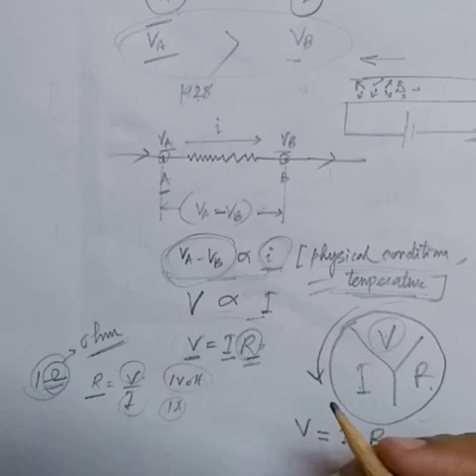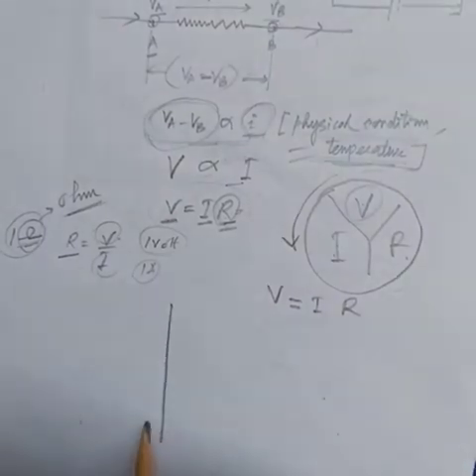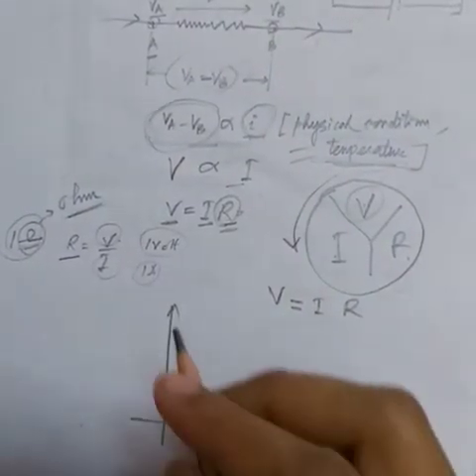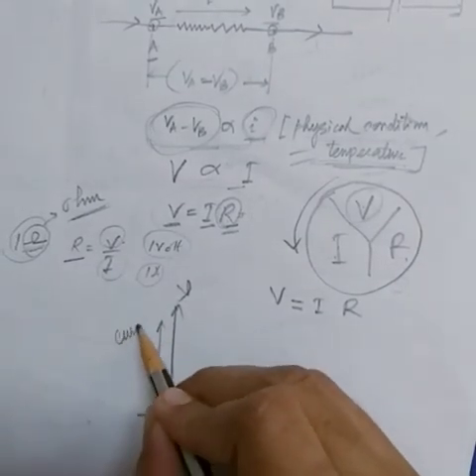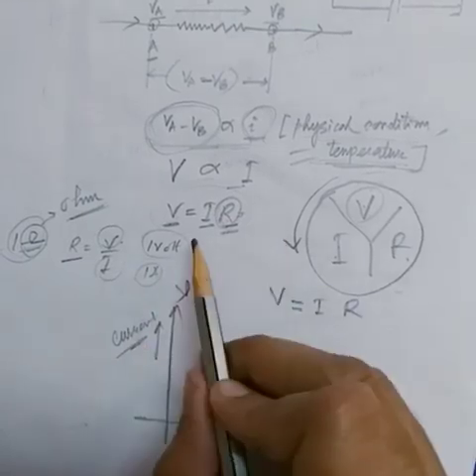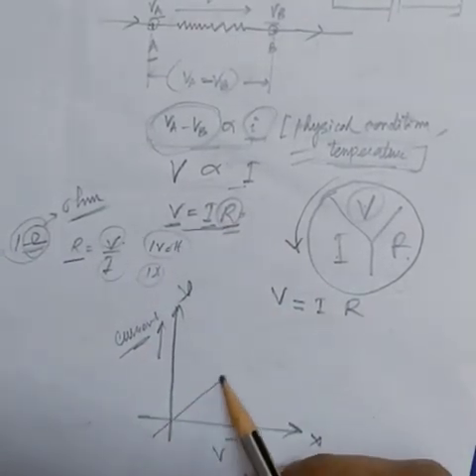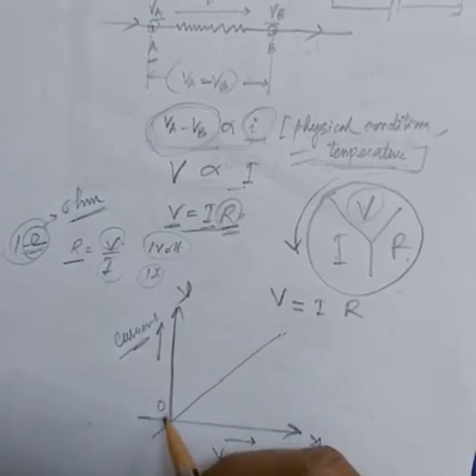So if you plot this V versus I in a graph, the graph should look like this. Along the x-axis we are plotting the potential difference, along the y-axis we are plotting the current. Since this denotes a straight line, the graph should look like this, a straight linear graph which passes through the origin.